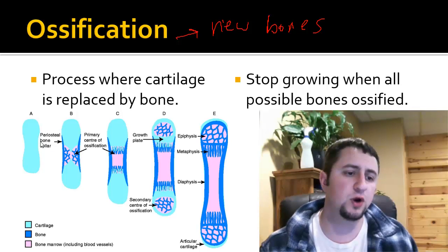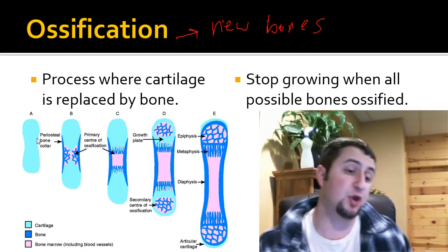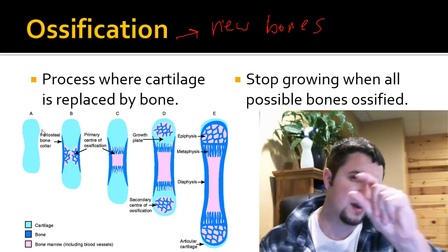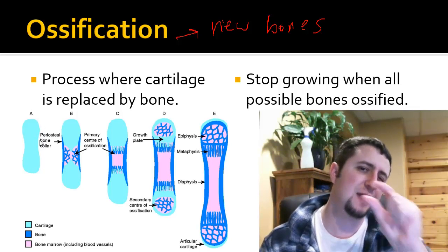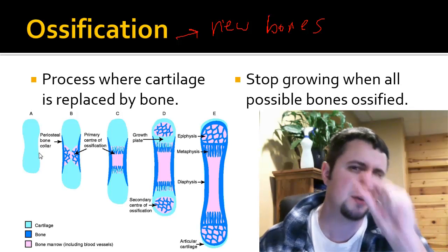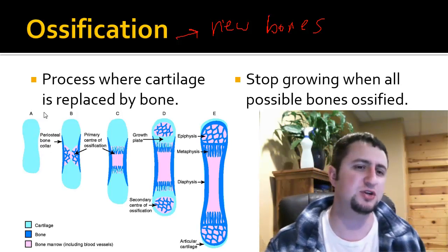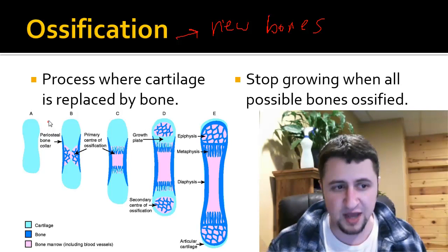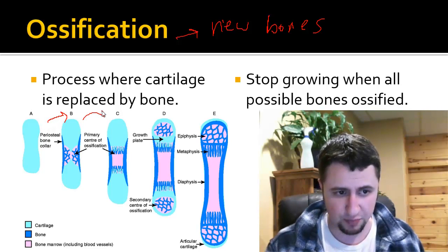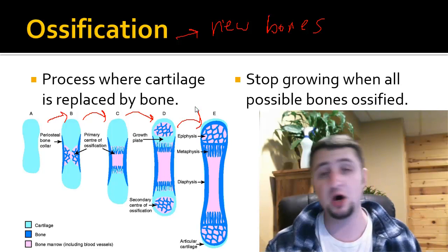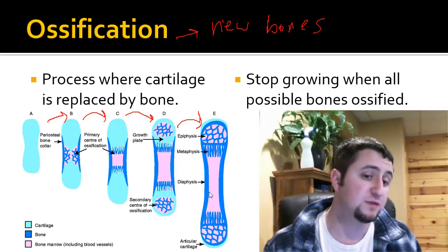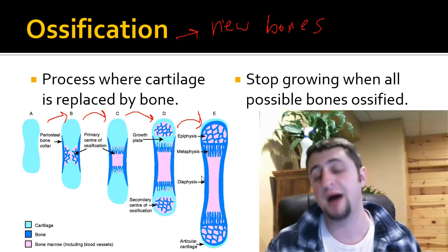So when you were an embryo, when all of us started out as a very, very small organism called an embryo, at that time all of our skeleton was composed of pretty much just cartilage. But over time, our cartilage got replaced by bone, and now, as an adult or a near adult, most of your cartilage has been replaced by bone.